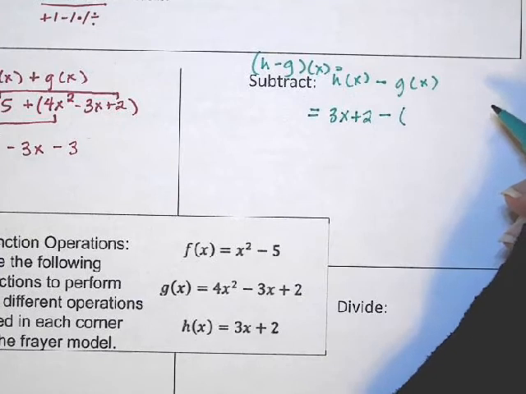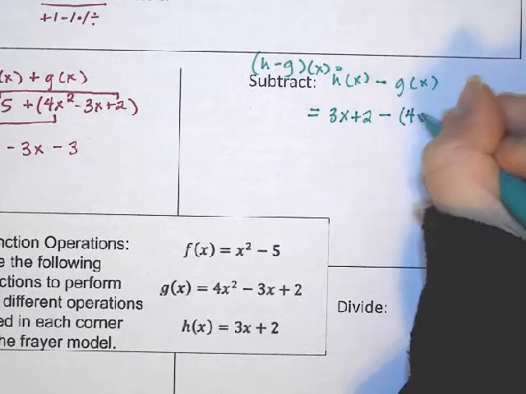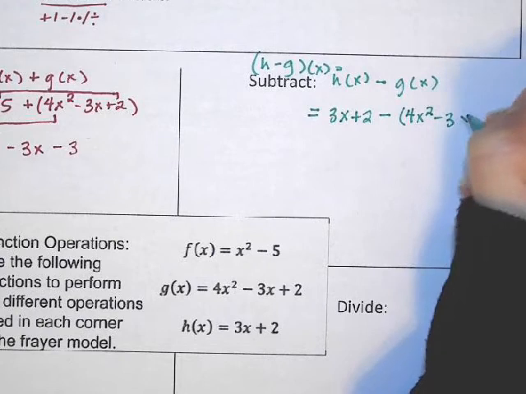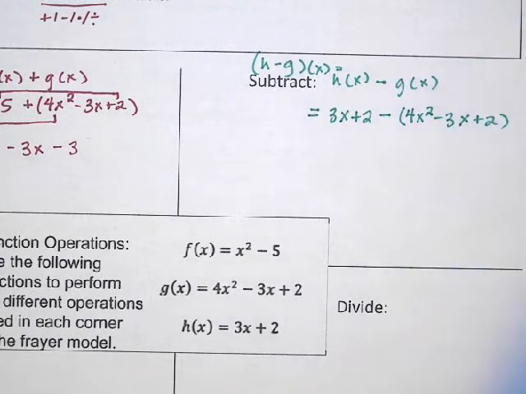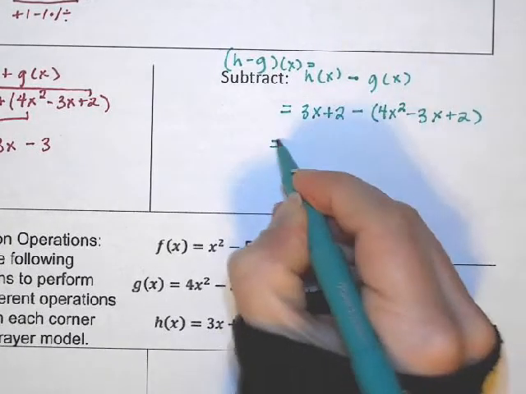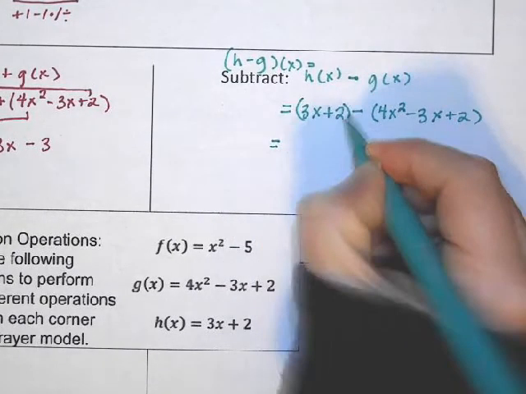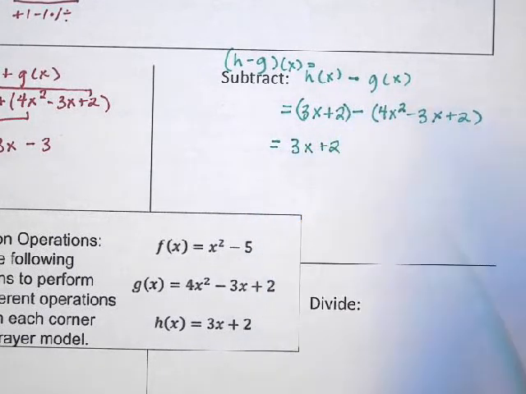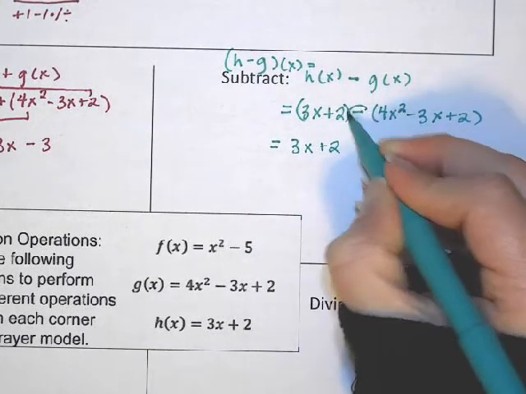Now in this situation, using parentheses is a must because I need to make sure that I appropriately subtract all of the components that are a part of g of x. So the parentheses is going to make a difference in this scenario. This first set is not going to change.